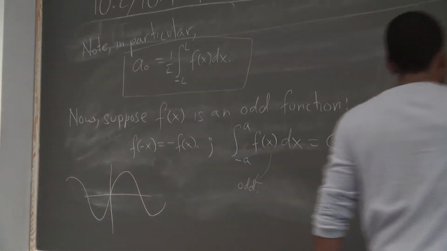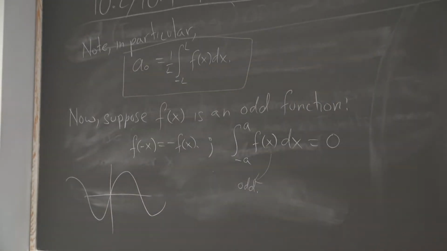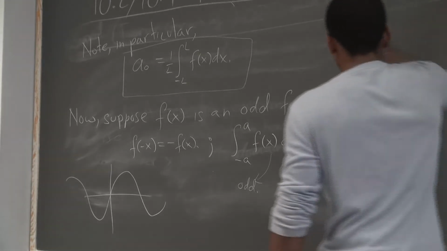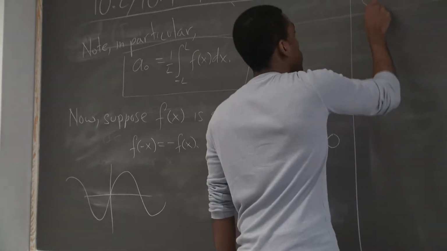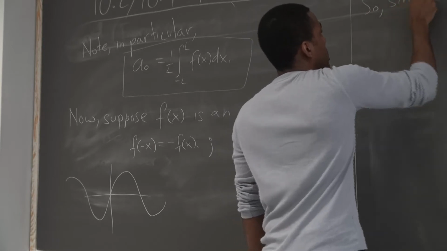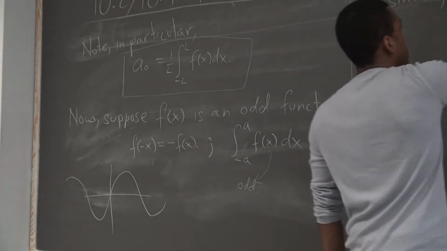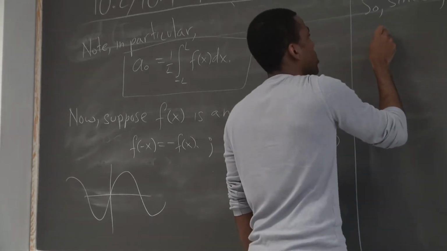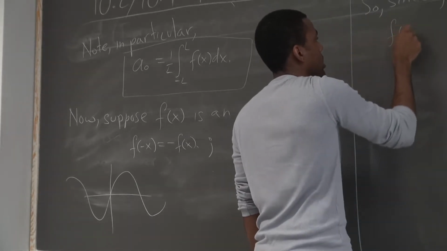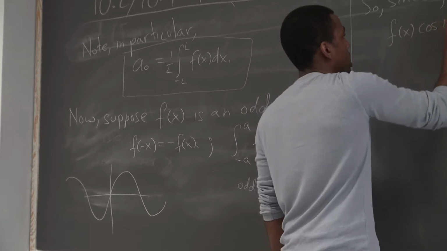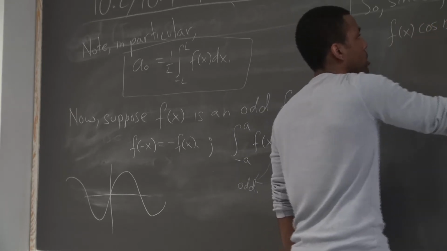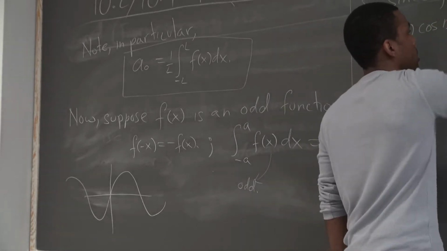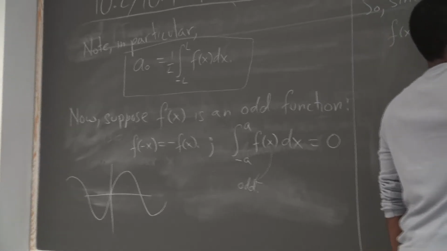Essentially what's going to happen is the following. Since f is odd, then f of x times cosine of n pi x over L will be odd. Right?